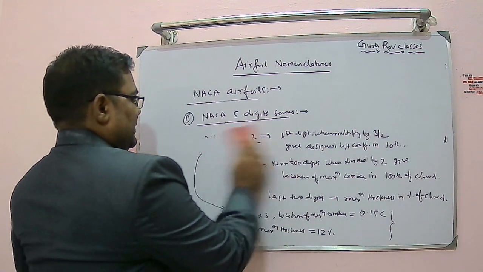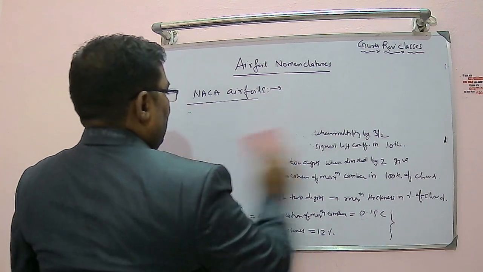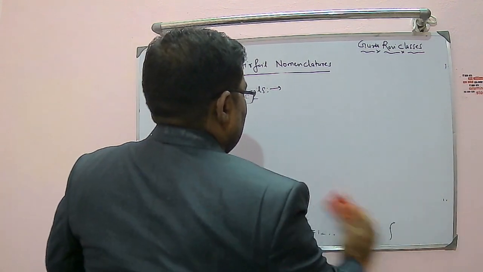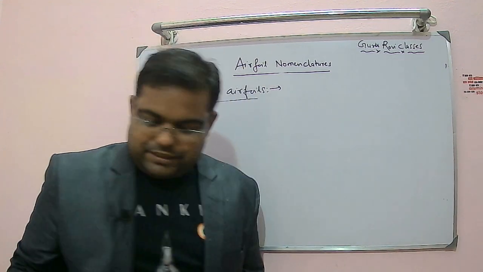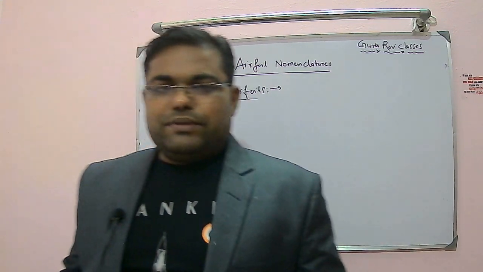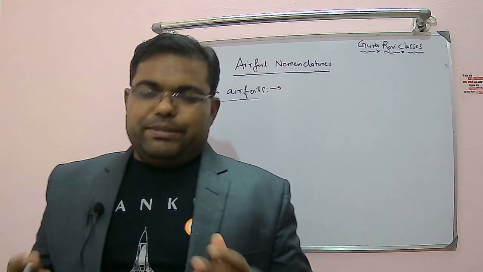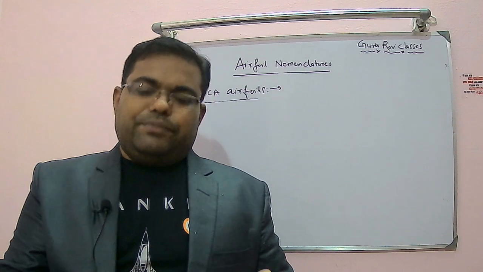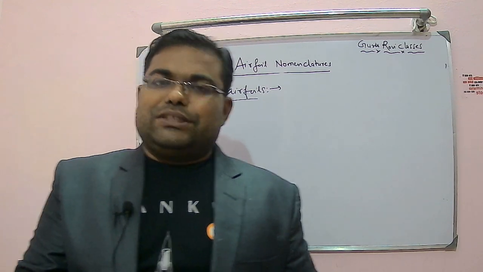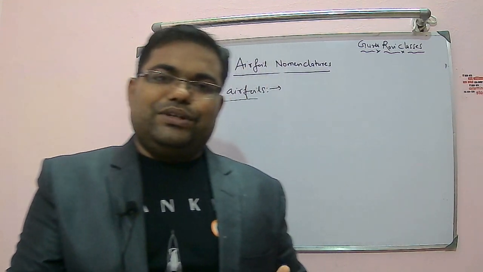Now the question arises, what if my airfoil is symmetrical? As I mentioned, in a symmetrical airfoil there is no difference between the chord line and the mean camber line. So my camber is going to be 0, and I will not be bothered about the location of maximum camber, so those two digits are going to be 0.